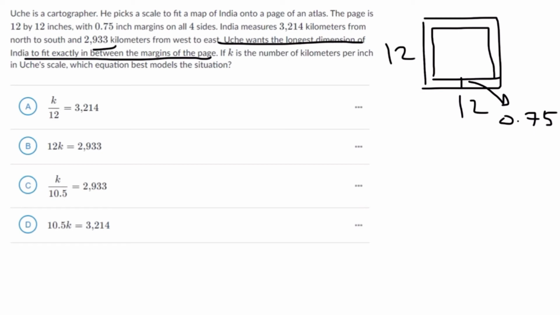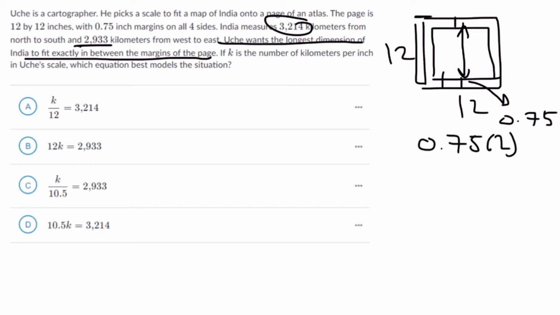The longest dimension is this right here, not this, 3,214. So they want it to be from north to south. It has to fit exactly here, right? And what's the space in between here that it can fit? So we know that this side is 12, but we're going to minus the margins. And since there's two 0.75 margins, we're just going to multiply by 2 to find that this is equal to 1.5.